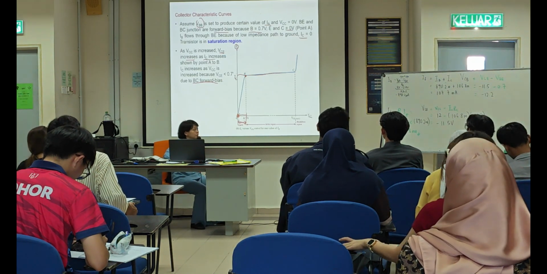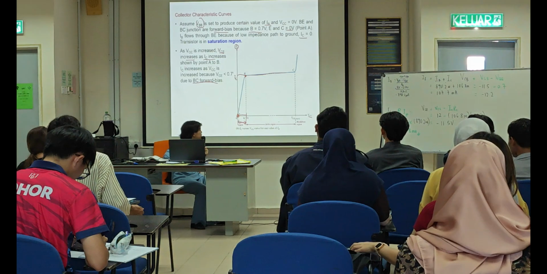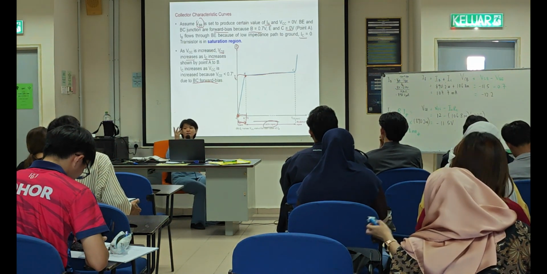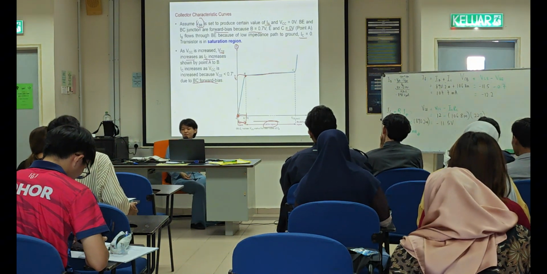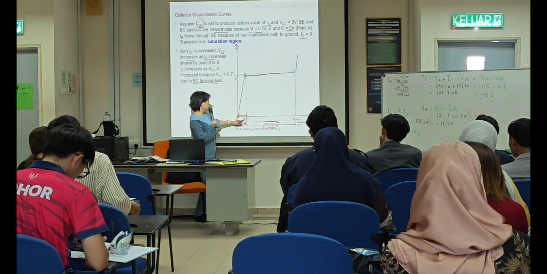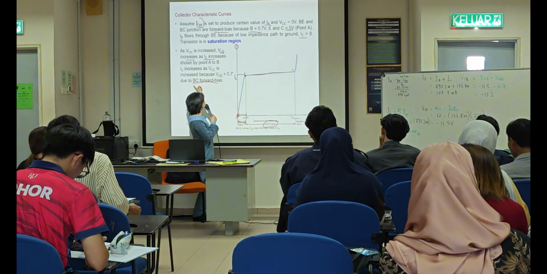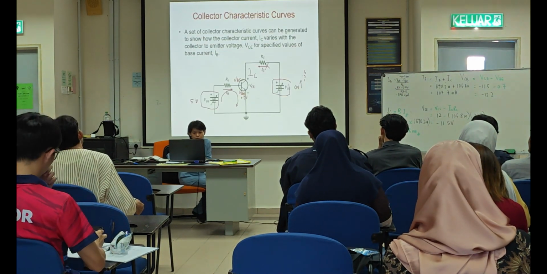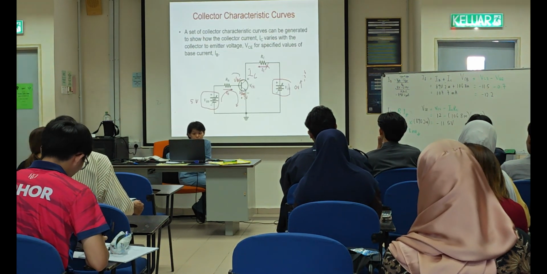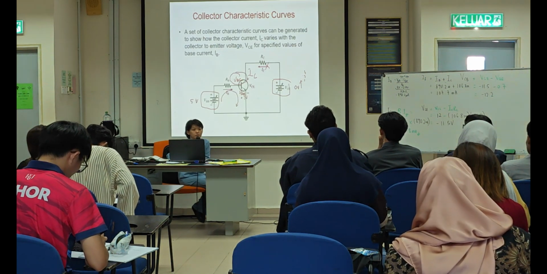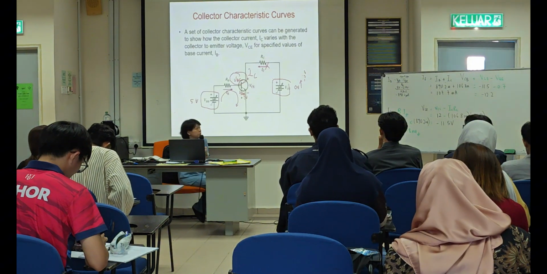This region we call the active region. It means it actively functions. Understand? Your resistor has started to function, because the voltage is more than 0.7, the base and collector start to function. So we call it the active region.